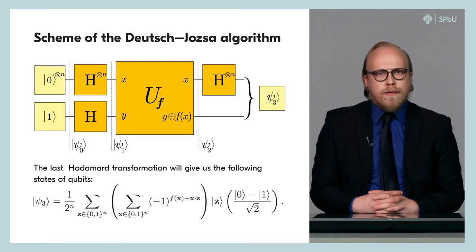To simplify the further analysis, another n-qubit Hadamard transform is performed on the first n qubits. First of all, let's consider the Hadamard transform of the basic state x. The Hadamard transform of x could be written as 1 over the square root of 2, (|0⟩ plus minus 1 to the power of x on the state |1⟩).